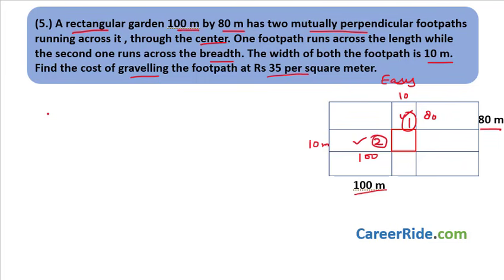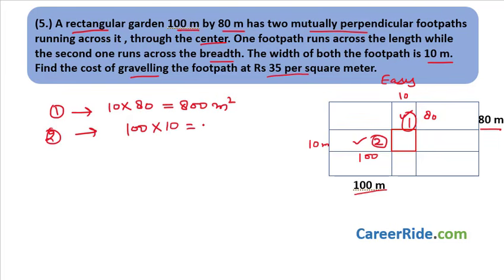Now let's see what is the area of the first rectangle. The first rectangle is 10 multiplied by 80, right? This is 800 meters square. The area of the second rectangle is 100 into 10, that is 1000 meters square.